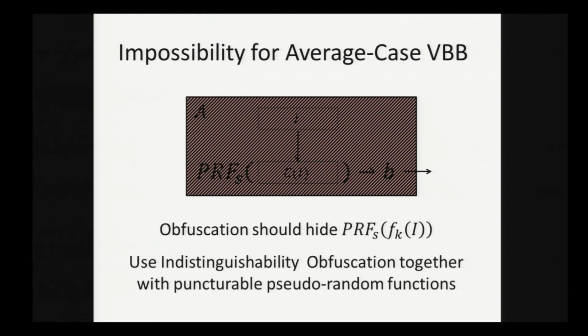The main step of the proof, which I will not have time to talk about today, is to show that an indistinguishability obfuscation of the adversary really hides the value of the pseudo-random function on the real truth table. To do this, we use a tool called puncturable PRFs. The idea is to show that if the truth table of f_k was truly random, we could puncture this PRF on an input that encodes this truth table without changing the functionality of the adversary.